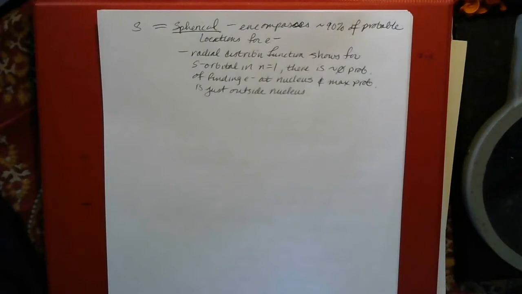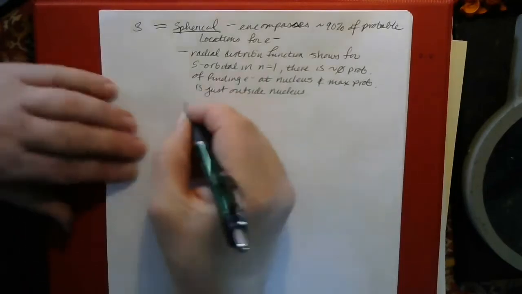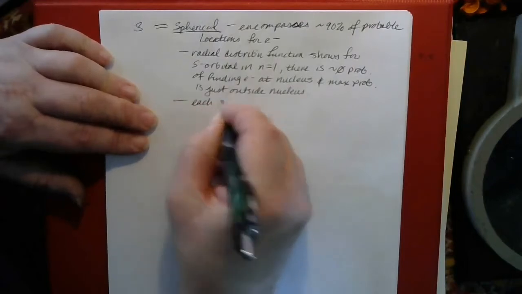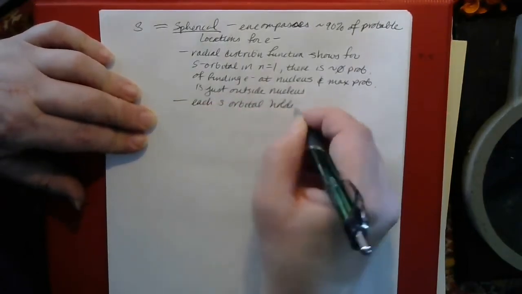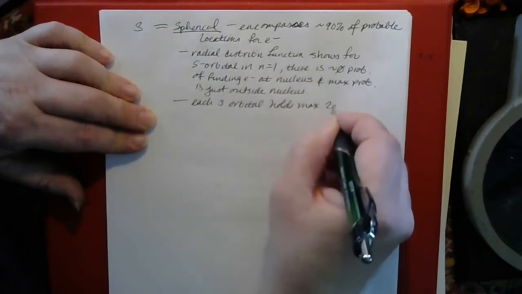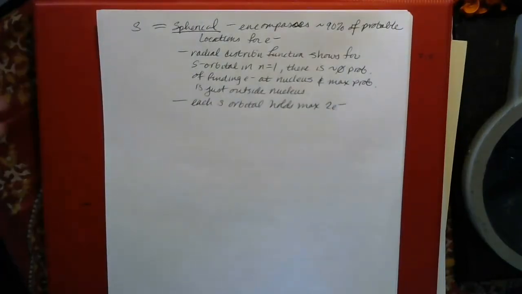And if you do the similar function for s orbitals in the second or third shells, you'll find that their greatest possibility for finding electrons would be a little further out from the nucleus. 2 is a little further out from the nucleus than 1. 3 is a little further out than 2. And each s orbital holds a maximum of 2 electrons.